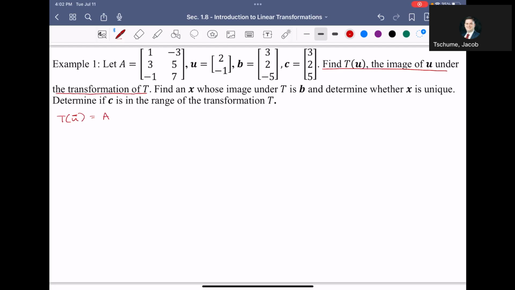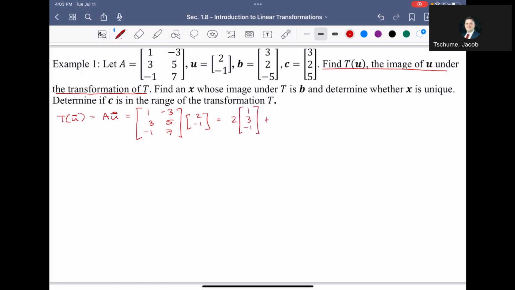So instead of T of U, we're going to think of that as A times U. What I'm asking you to do here is multiply the matrix A times the vector U. If you remember from a previous video, if the number of entries in the vector, which is 2, matches the number of columns in A, which is also 2, you are allowed to multiply these together. We do that by taking the first entry of our vector U, which is 2, and multiplying it by the first column of A.